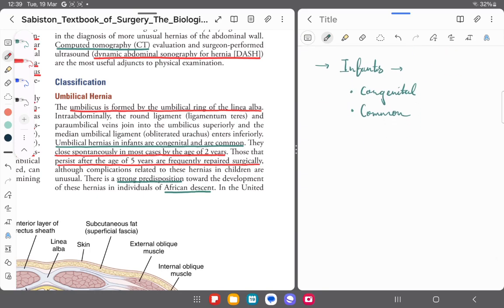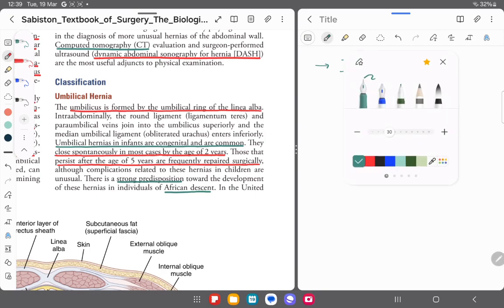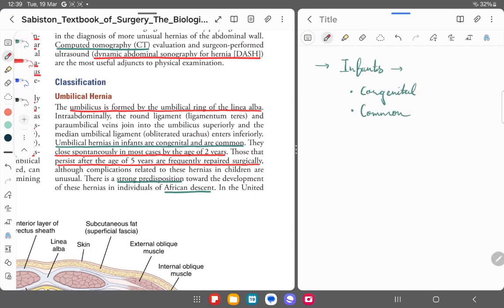Also, they close spontaneously in most cases by the age of 2 years. Those that persist after the age of 5 years are frequently repaired surgically.